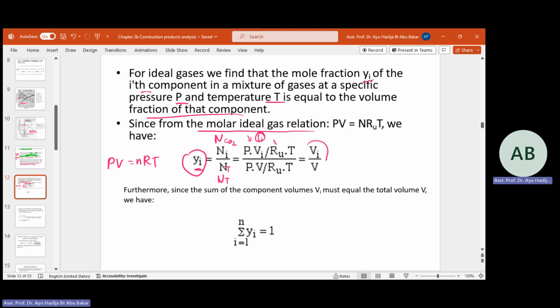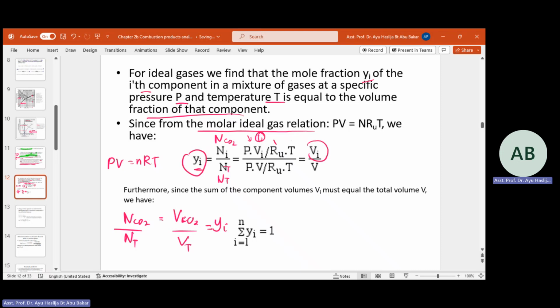Okay, let's say N CO2 over N total is equivalent to V CO2 over V total, which is y, the mole fraction of i.